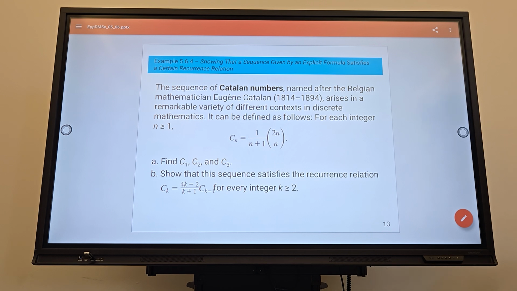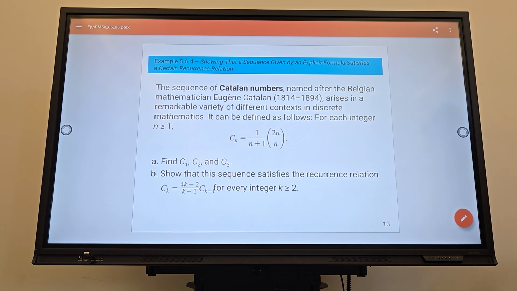Showing that a sequence given by an explicit formula satisfies a certain recurrence relation. The sequence of Catalan numbers, named after the Belgian mathematician Eugene Catalan, arises in a remarkable variety of different contexts in discrete mathematics. It can be defined as follows for each integer n greater than or equal to 1.